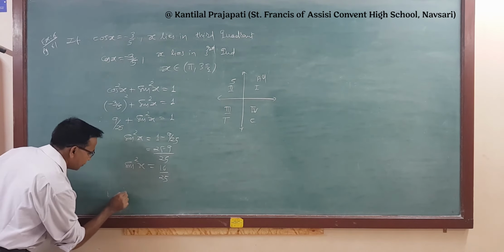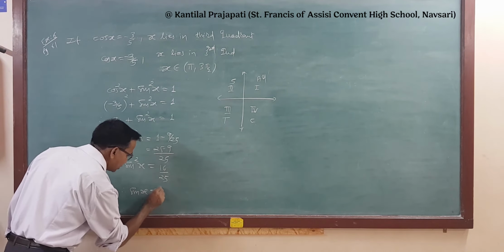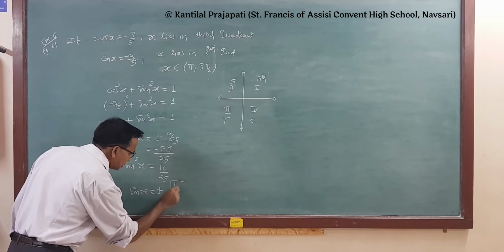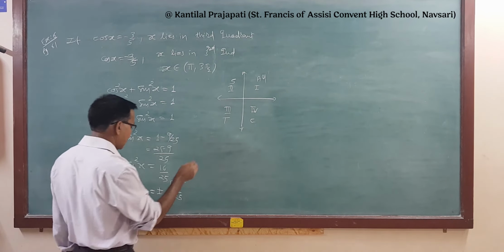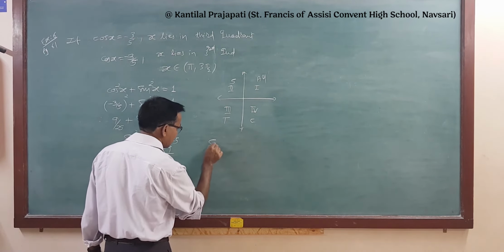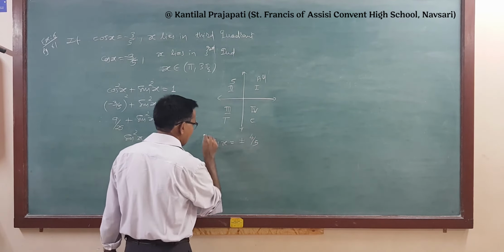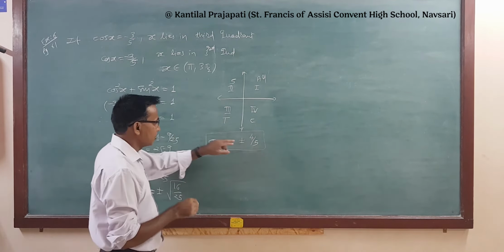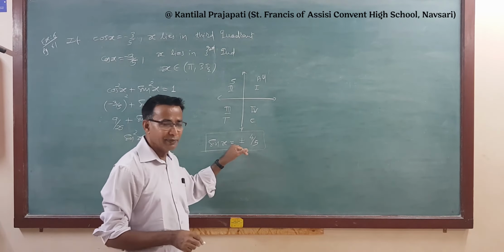So here we write sin x is equal to plus or minus square root of 16 by 25, and therefore sin x is equal to plus or minus 4 upon 5. Here sin x is plus or minus 4 upon 5, but these two values are not possible at the same time for any function.